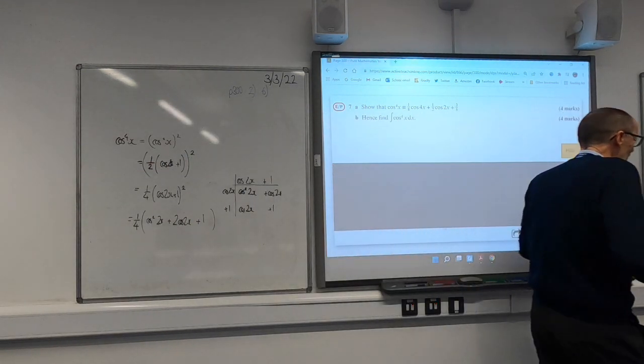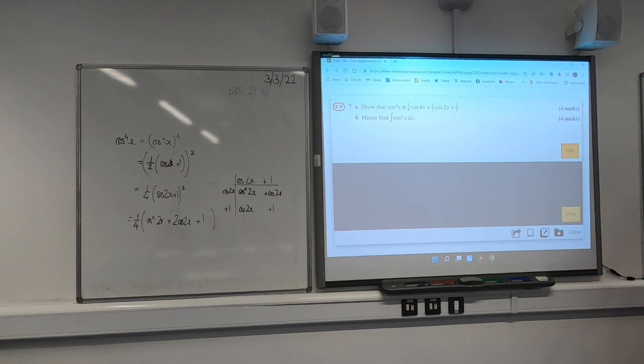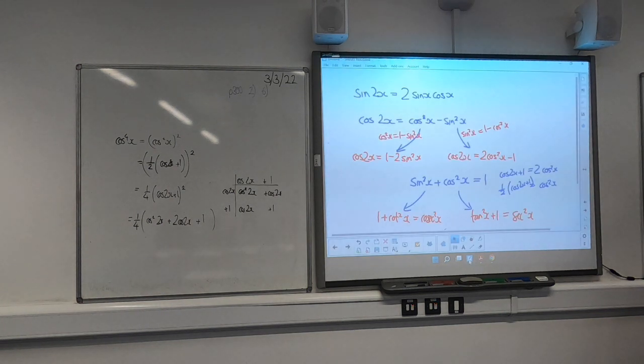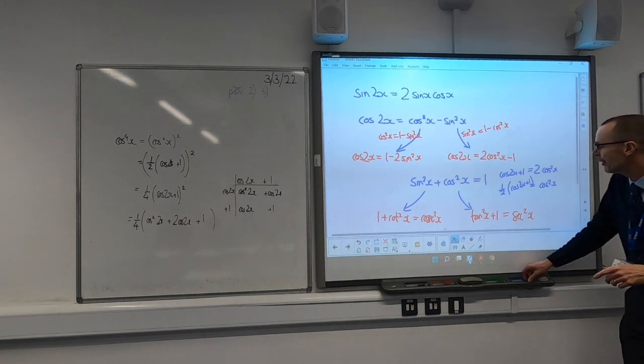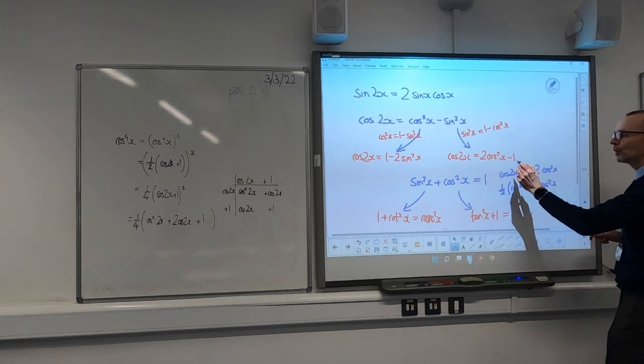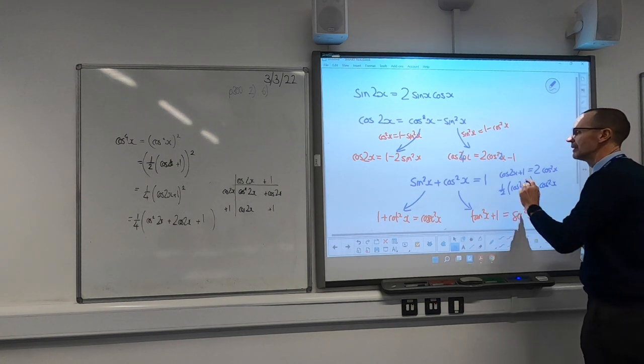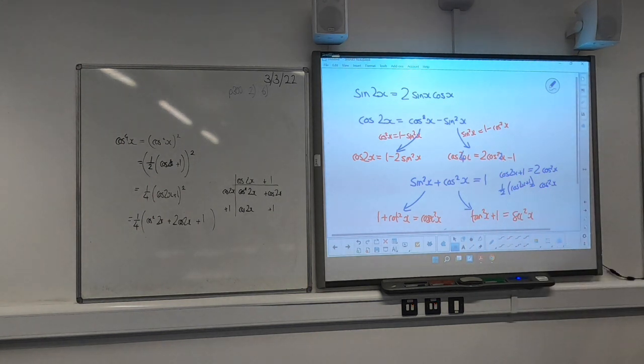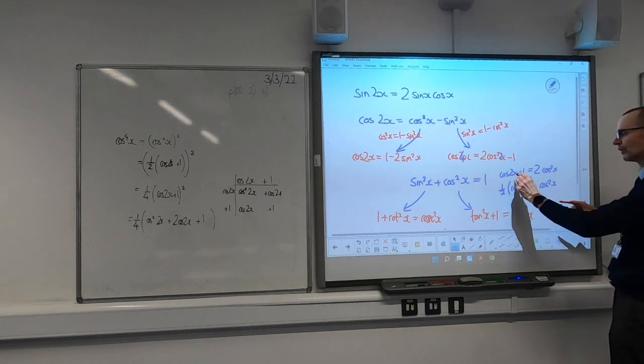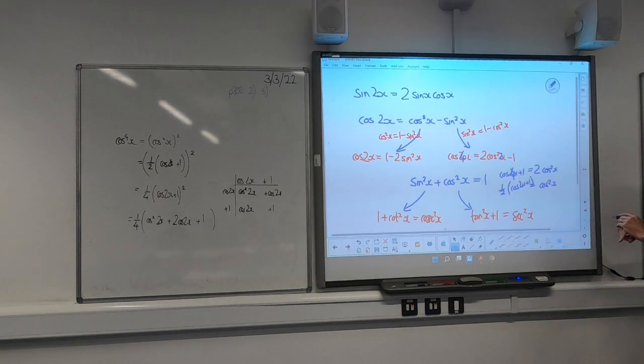So let's go back to the identity. Here we go. And this takes us back to what we did at the beginning, really. If we wanted to have cos squared 2x, that would be 4x there, wouldn't it? So that means we've got 4x there, cos squared 2x.